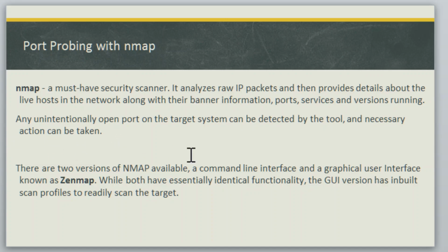There are two different versions of Nmap available, a command line interface one and a GUI interface. The command line one is probably what you want to stick with, since we want to get comfortable with using that command line. Or we can use the graphical version, which is going to be Zenmap. While both essentially have identical function, the GUI version has inbuilt scan files that can readily scan the target.